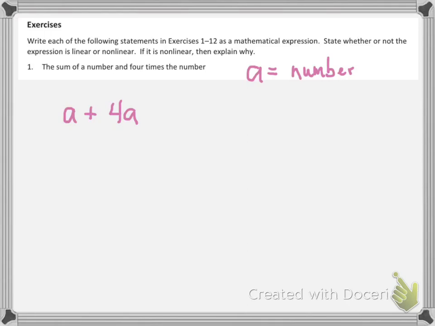And this is a linear expression. The reason it's linear is we have the sum, so we see that we have an addition problem. The sum of a constant, here's our constant 4, and a variable.